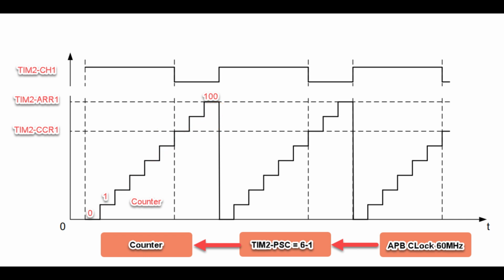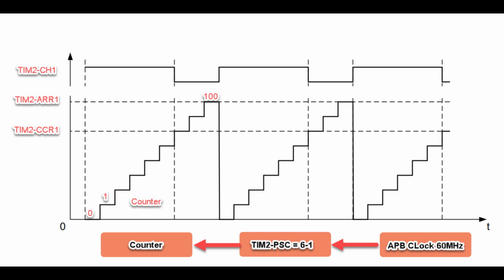And then we also set the TIM2 ARR auto reload register to 100. This actually sets 2 parameters. It defines the resolution, but also, in conjunction with the 10 MHz input, it defines the PWM frequency.